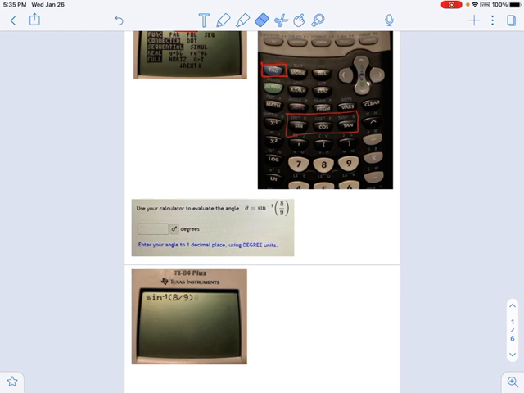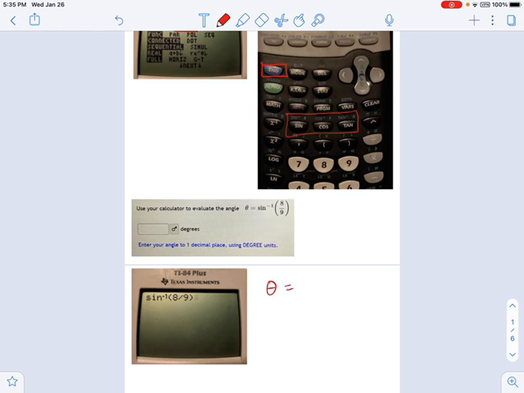Well, I actually shut down my calculator, so hold on, let me get that. Inverse sine of 8 divided by 9, and I typed it wrong because I'm having an old person moment here. Okay, here we go, inverse sine of 8/9, try again. Okay, so I get this.